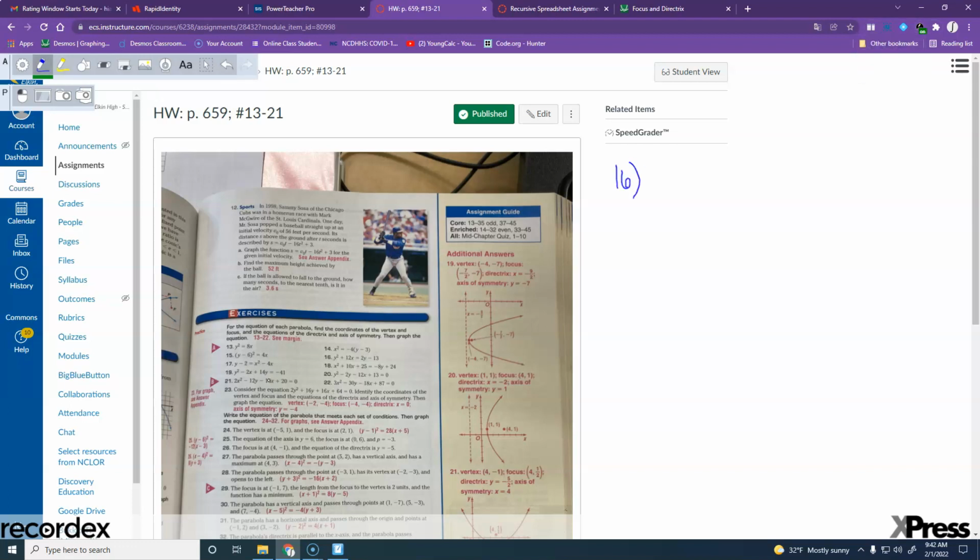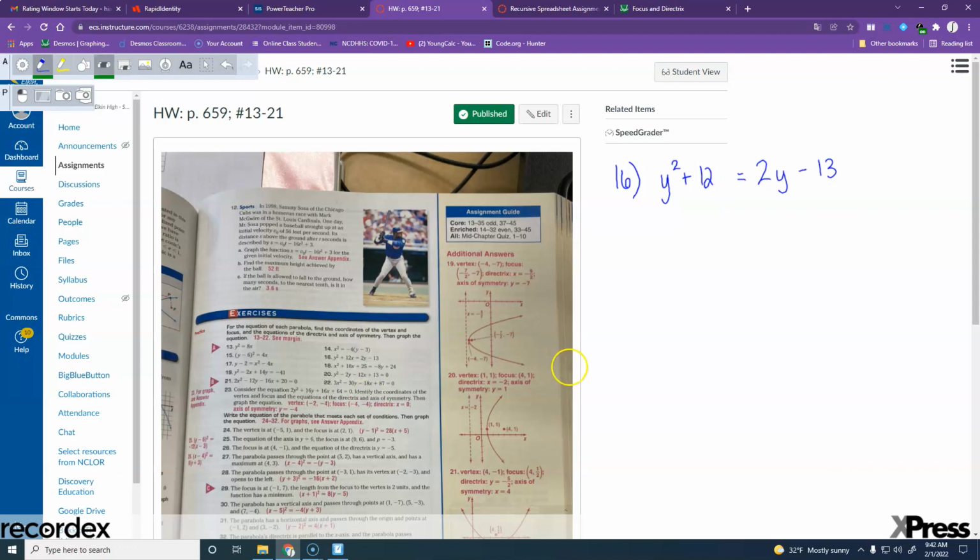And 16, you got y squared plus 12y equals 2y minus 13. And so we want to get the semi-y's. This should be an x right here.